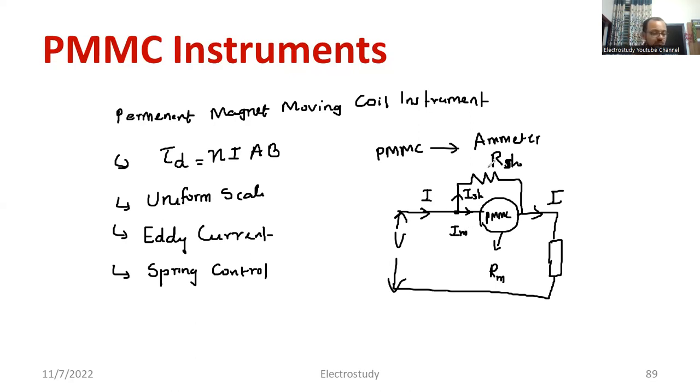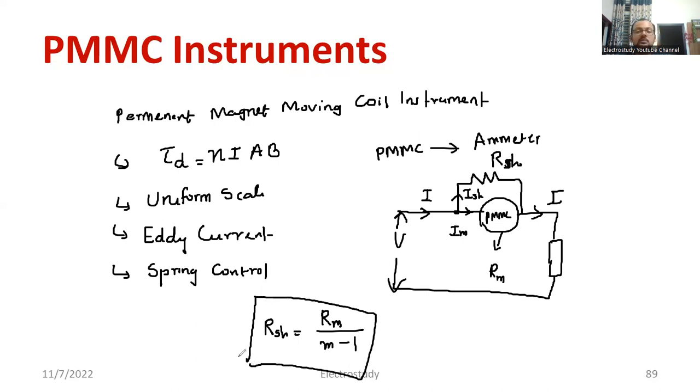Now you can calculate RSH. There is a formula. Derivation is not required right at this moment. RSH is equal to RM divided by M minus 1. This is the way to calculate the shunt resistance required to convert PMMC into ammeter.